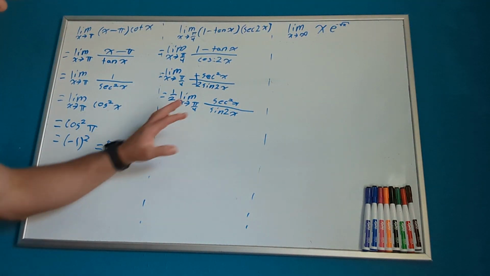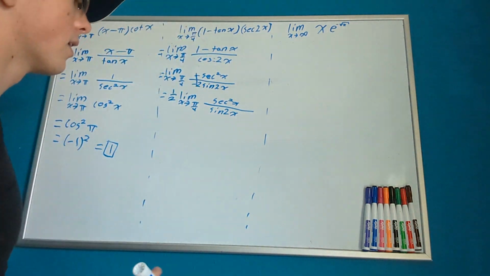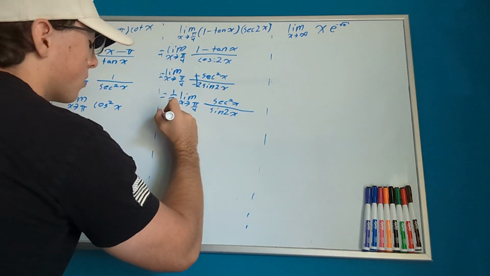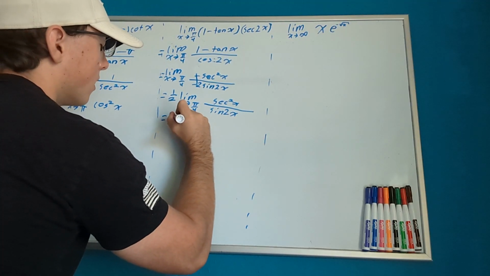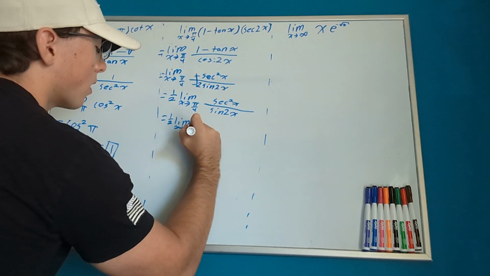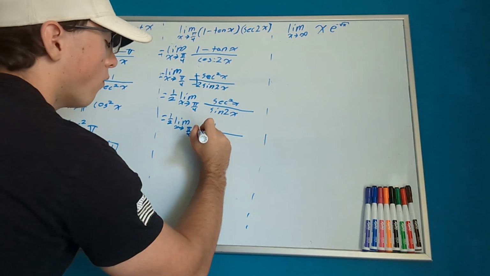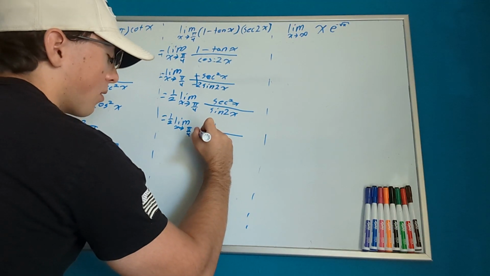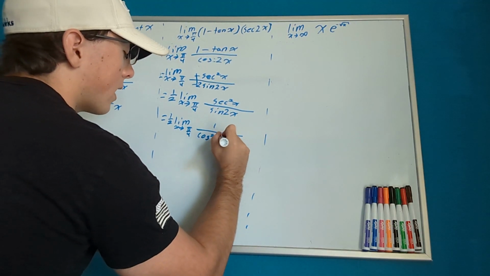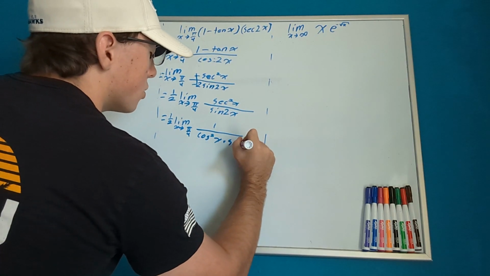So now what we're going to do is bring down the secant squared x into the denominator and see what happens. So this will equal 1/2 times the limit as x approaches pi over 4 of, well, this will become 1 over, secant squared x in the denominator will be cosine squared x, right? Then this will be times sine 2x.